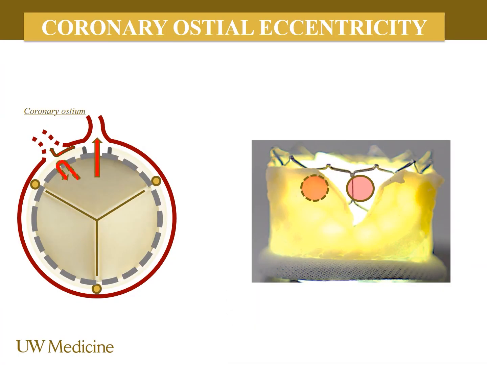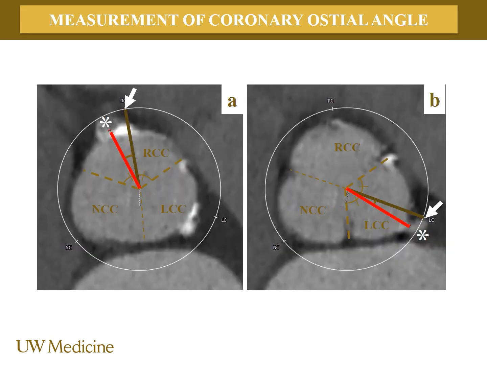Not only have we learned a lot about this laceration, but we also learned about the eccentricity of the coronary ostium. So it's critical that we understand where the coronary lies with respect to where the laceration is being performed, so we maximize the opportunity to get an excellent result. This eccentricity can be well demonstrated with CT, and CT pre-planning for the Basilica is obviously a critical part of the overall procedural plan.